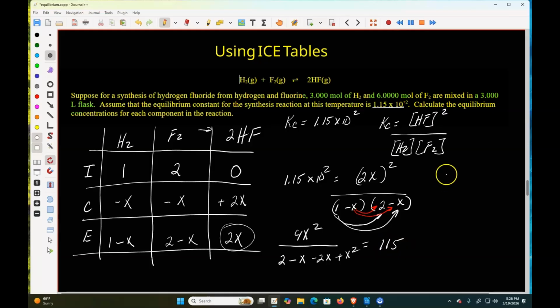Okay, so let's clean this up a little bit. So that means I have 4x squared. And I want to rearrange this so it fits my eye better. So it'll be x squared minus 3x plus 2 equals 115.